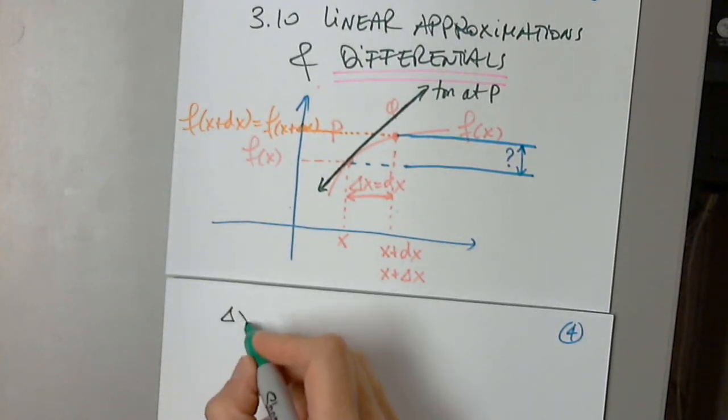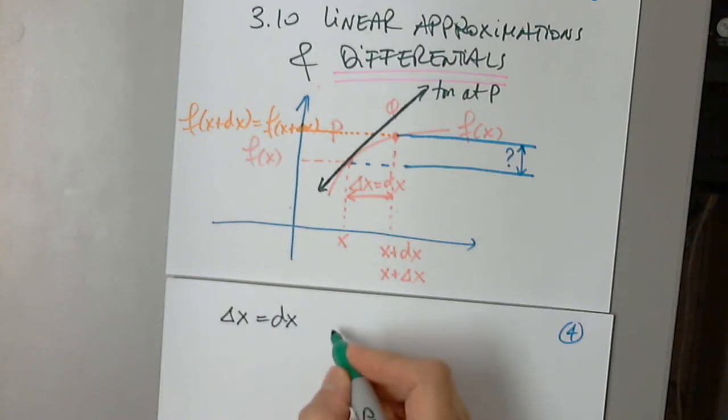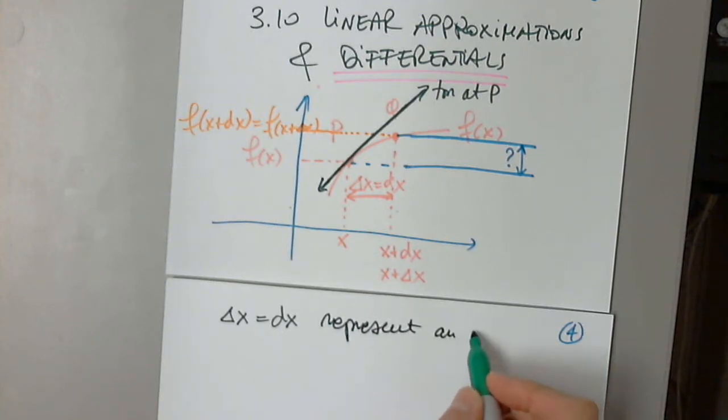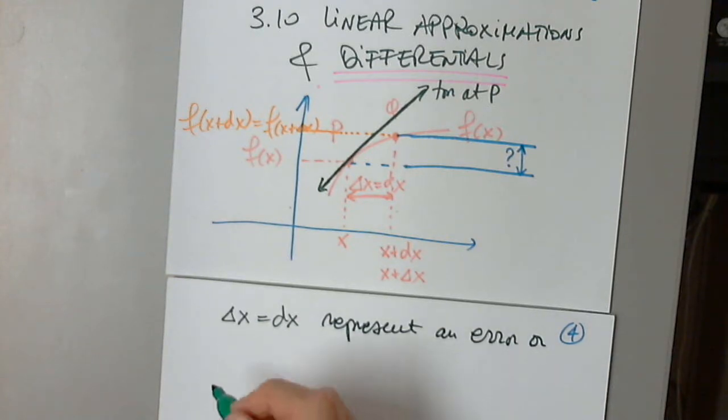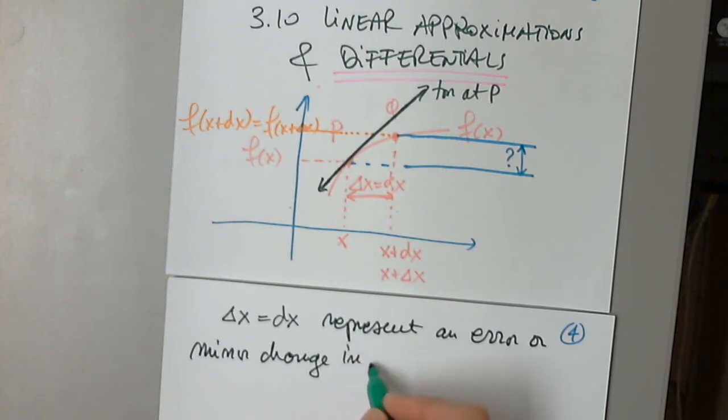So delta x and dx, which are the same, represent an error or minor change in x. For example, let's suppose I manufacture discs, and I make an error in the diameter or in the radius of the disc. That will trigger an error in the area of the disc.